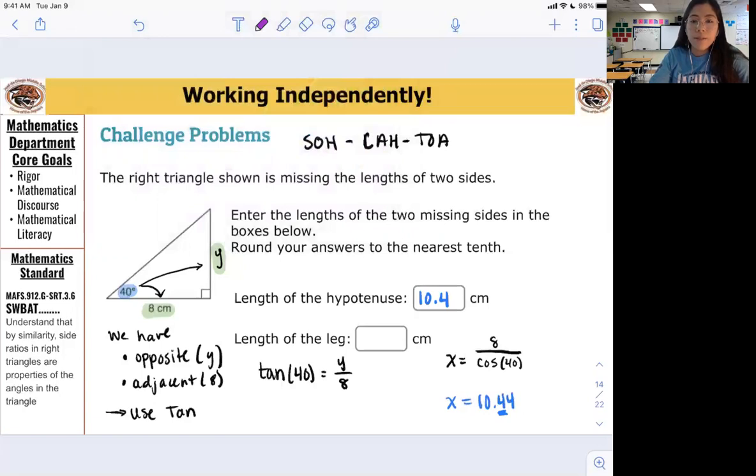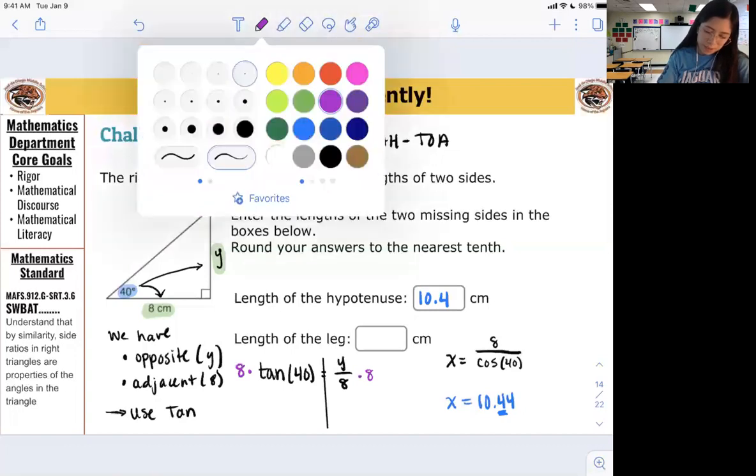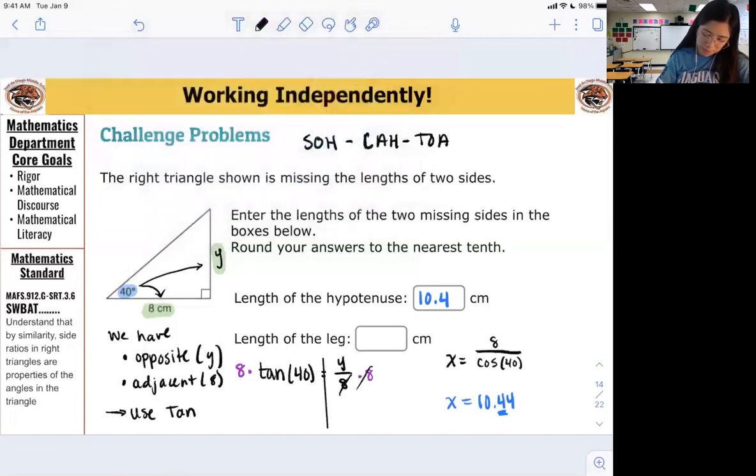Okay. Now, Rios, what do I have to do to both sides to get Y by itself in this equation? I think I have to multiply by 8. Good. Multiply by 8. Beautiful. All right. Well, now we got to use our calculators because we know that we have to do 8 times the tangent of 40.